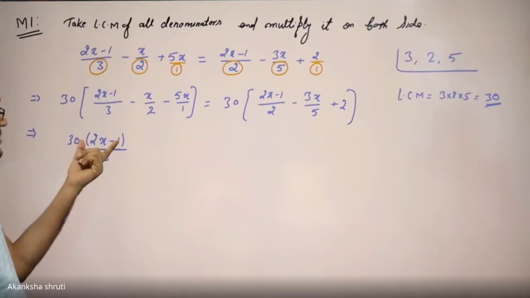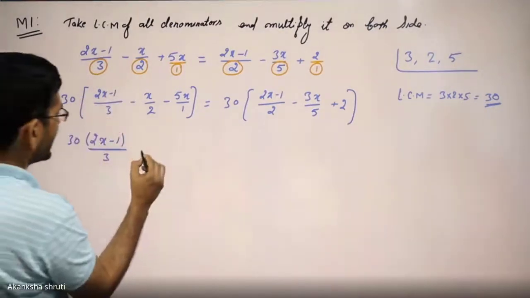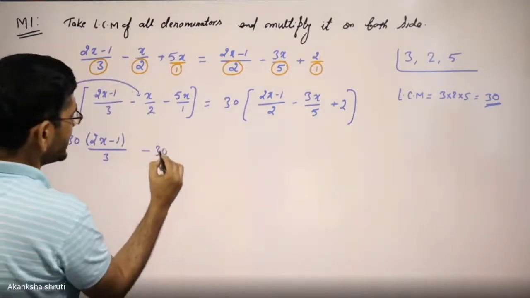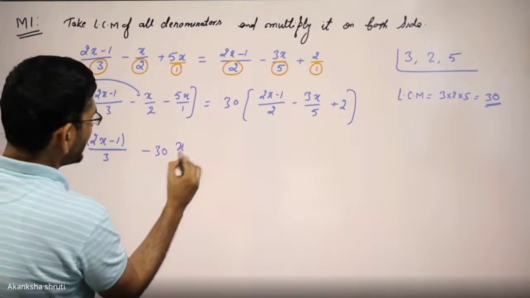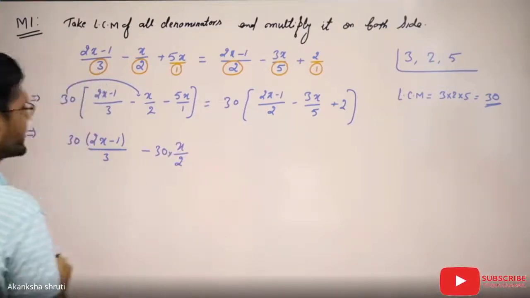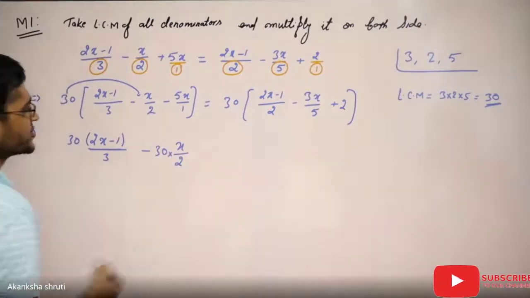Always keep it inside a bracket if there is more than one term in the numerator. Minus, this 30 will also multiply to this, so 30 multiplied by x by 2. You may put the multiplication sign here, or you can leave it. That doesn't matter too much.